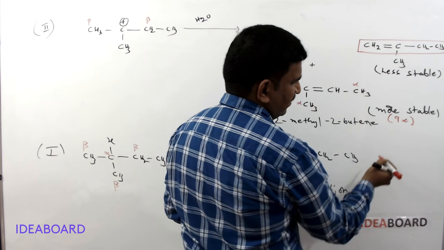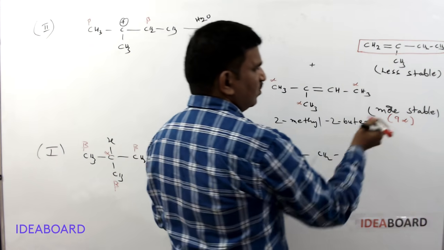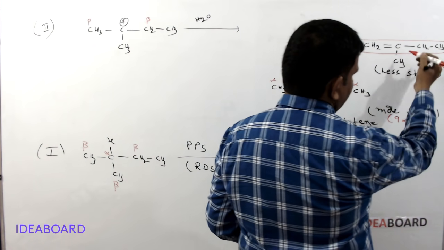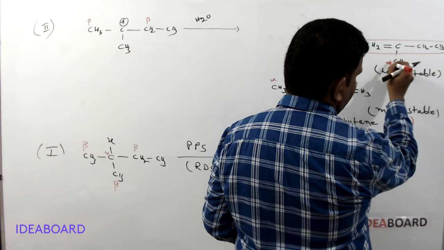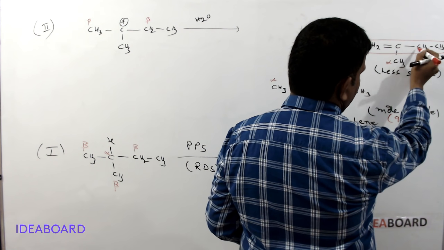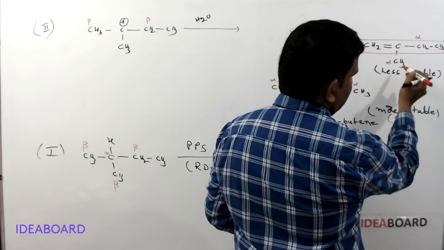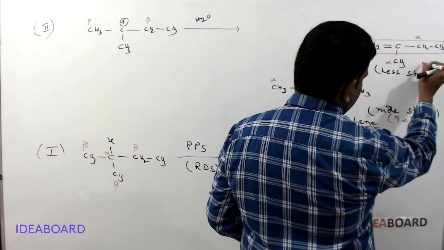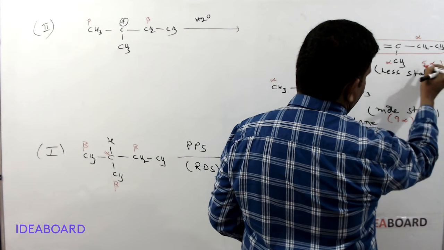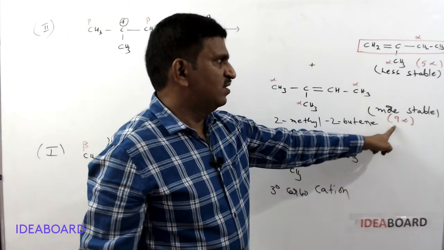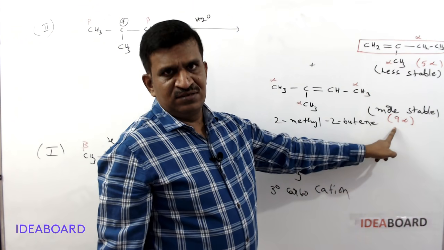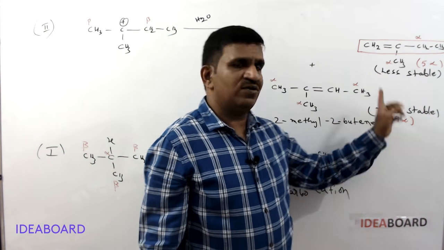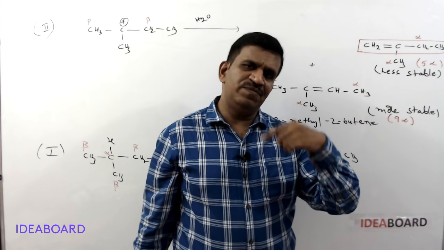Whenever 9 alpha hydrogens are present, we get more hyperconjugation. Here how many alpha hydrogens are present? With respect to this carbon, this is alpha. With respect to this double bonded carbon, this is alpha. So 3 plus 2, 5 alpha hydrogens. This has 5 alpha hydrogens, and the other has 9. The more the number of alpha hydrogens, the more the hyperconjugated structures, and the more stable it becomes.